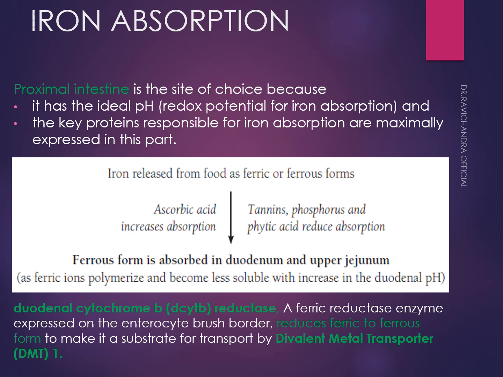So any divalent metal containing 2 plus will be carried by this transporter. So this is not a specific transporter, but in iron deficiency anemia, as we are discussing, the ferrous form is transported with the help of, if the question is given like this, then the answer is DMT1, divalent metal transporter 1.